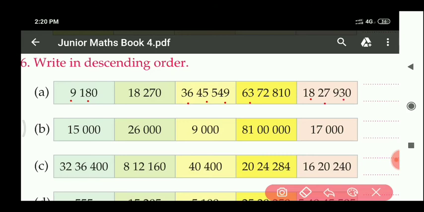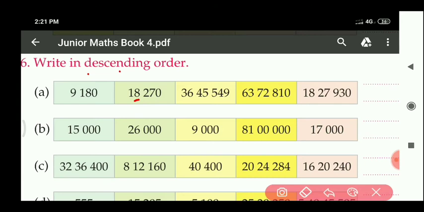We can see here the first number is the smallest number. Okay. Here one number is given up to the 1,000 place, and one number is given up to the 10,000 place. So 10,000 is bigger than 1,000. Okay. So the first one is the smallest only, but we are finding descending, so we have to find the biggest number. Which one is the biggest number?